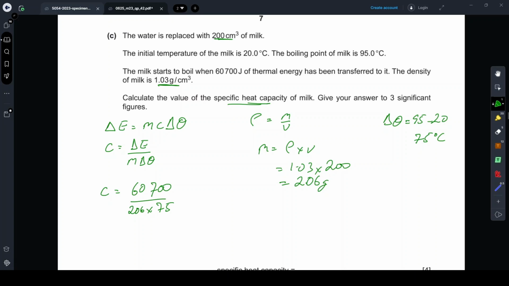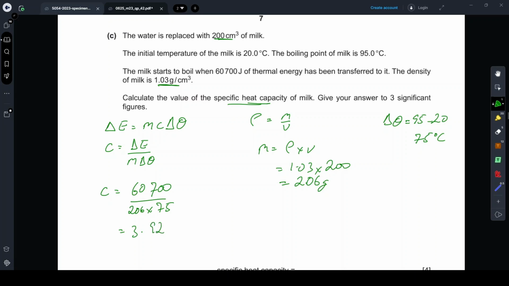Okay, 3928.8, and I think we have to round it up if that's correct. Just a second. So we have 60,700. Since you're saying you're not confident, right?